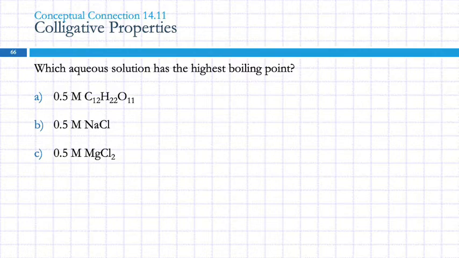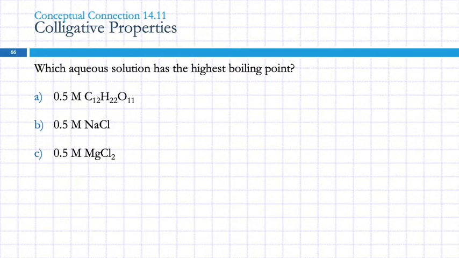Okay, so this is the kind of question they like to ask on exams. Which aqueous solution has the highest boiling point? So what causes the boiling point to be higher? More particles, right?